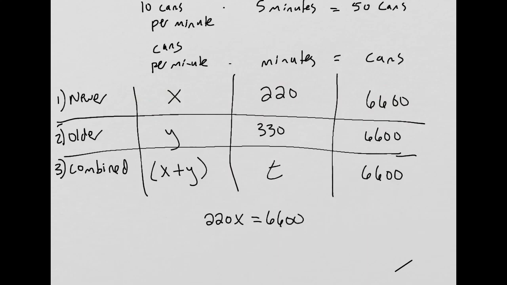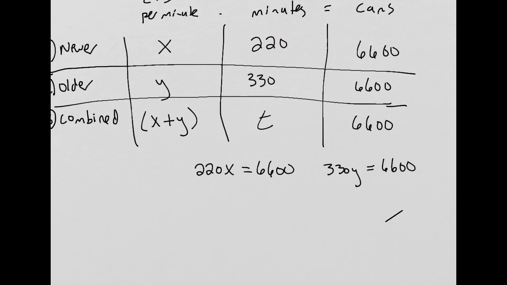Likewise, in the second row, 330 times Y equals 6,600 as well. From the bottom row, we've got X plus Y times t equals 6,600.